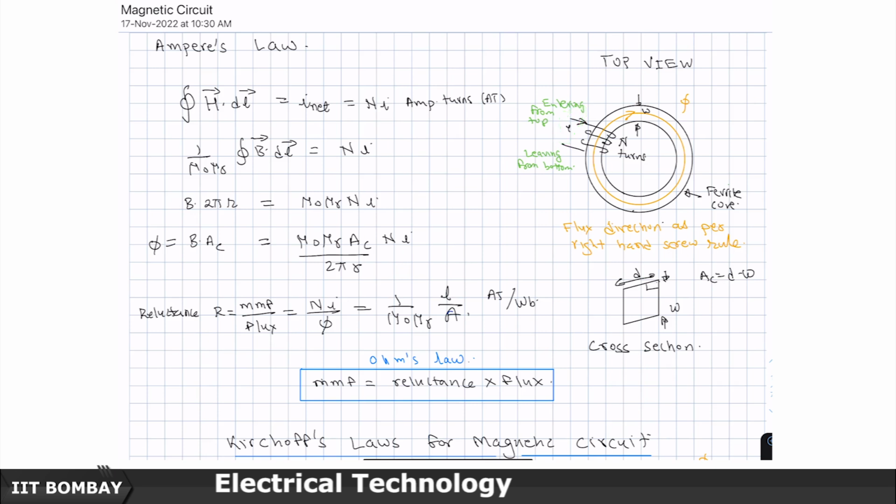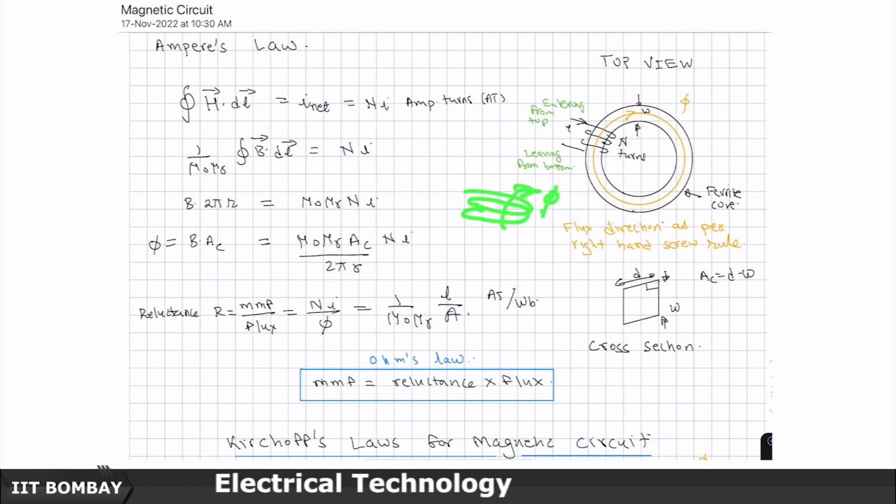Let us say, we are going to use also a terminology called I net, the net current, which is basically the number of turns times the current. The reason for this is, suppose I have one turn like this and it sets some flux of phi.